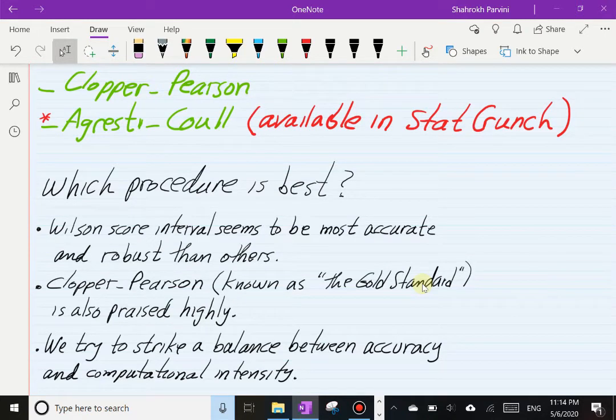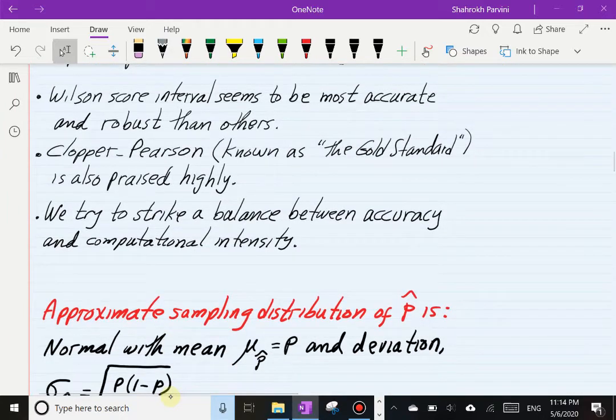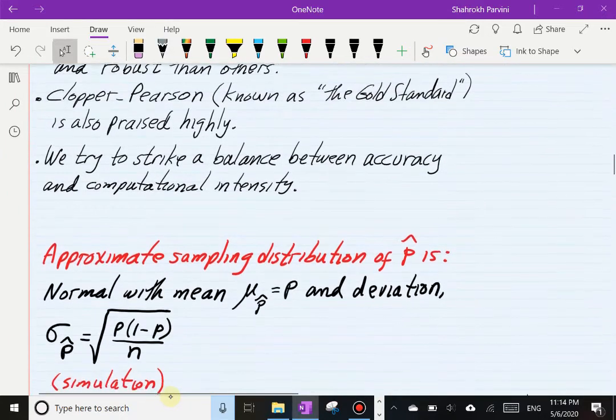Because we have to strike a balance between accuracy and computational intensity. For our concern, computational intensity takes precedence over accuracy. In other words, we're going to look at the easier of the procedures I mentioned above. So we're going to go with the normal approximation, and here you go.